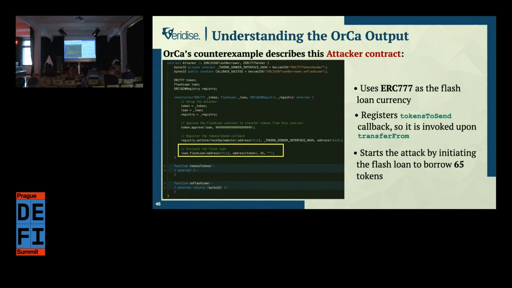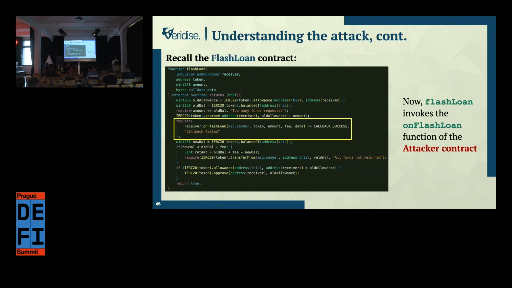And next, it initializes the attack and borrows 65 tokens from the FlashLoan contract. Okay, so let's see how these two contracts interact.